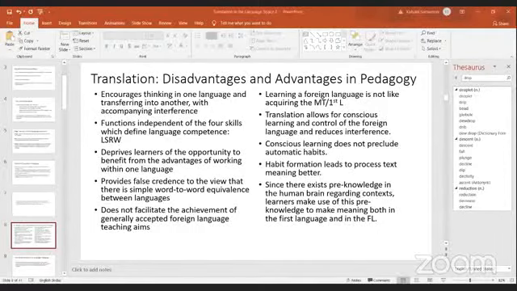Now, another disadvantage mentioned in research is that translation gives false credence to the naive view that there is such a thing as a simple word-to-word equivalence between languages. Languages are quite different.